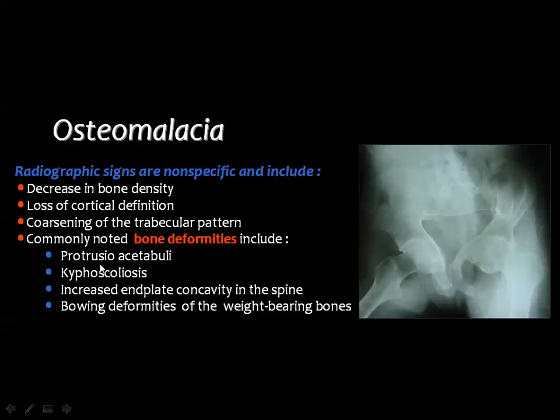The important deformity is what is known as protrusio acetabuli, meaning that the femur is centrally protruding through the pelvis due to softening of the pelvic bones. Kyphoscoliosis due to softening of the spine, increase in the biconcavity, what is known as codfish vertebrae, and bowing deformity of the long bones.